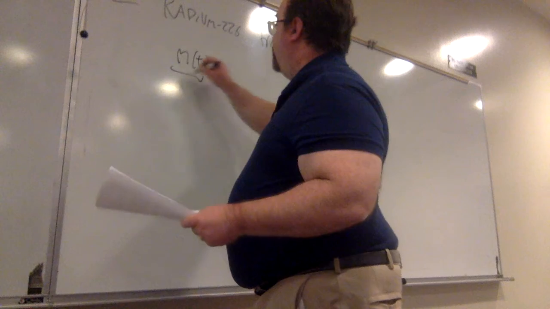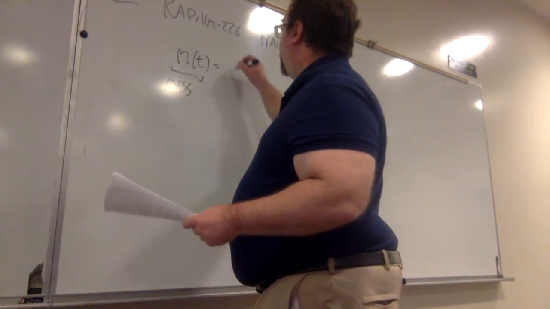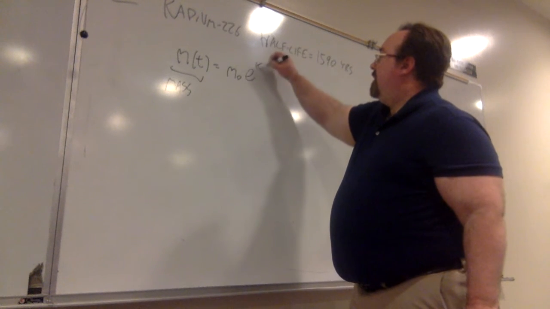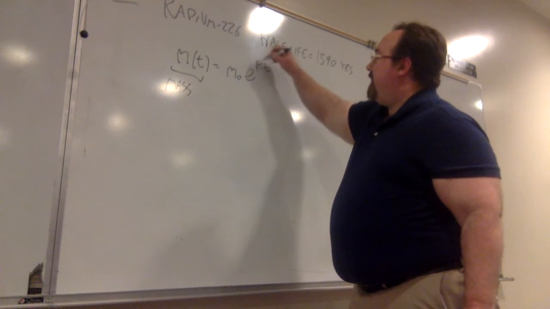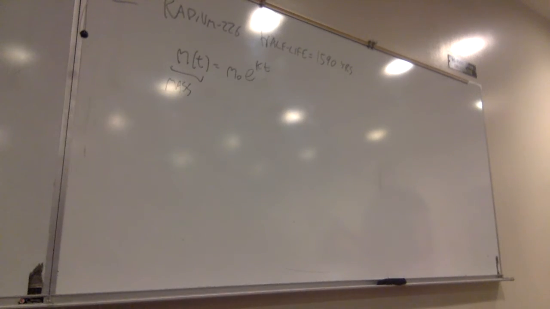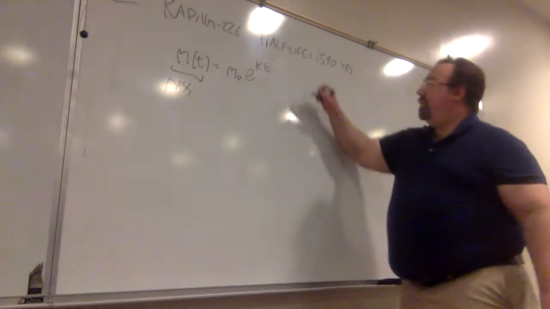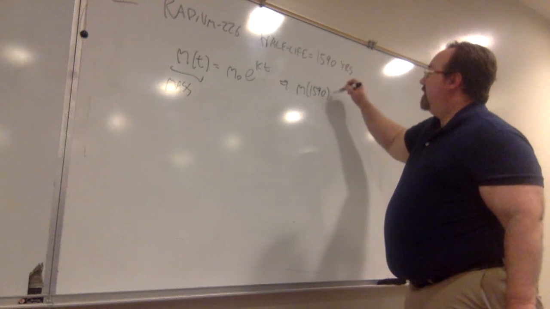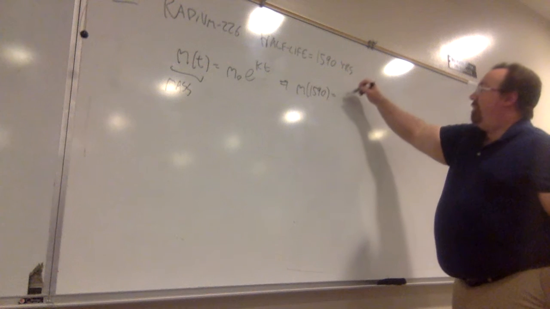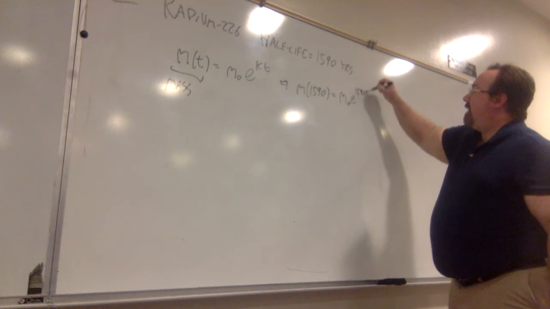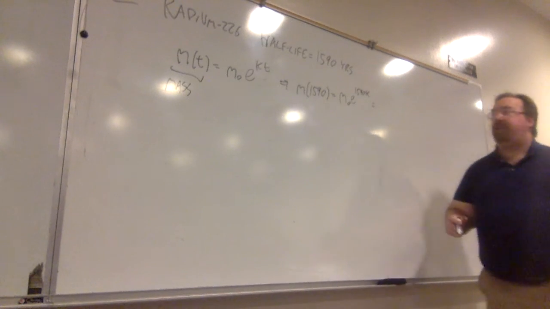So M of t, which is the mass of radium-226, is equal to the original amount that you have at time 0 times e to the kt. So what we want to do is use this information about the half-life to figure out what k is. If we plug in t equal 1590, that would be M naught e to the 1590k, but that's going to be half the amount.